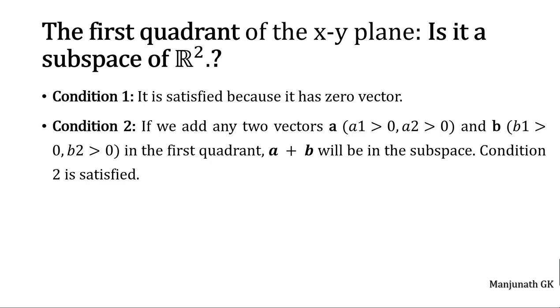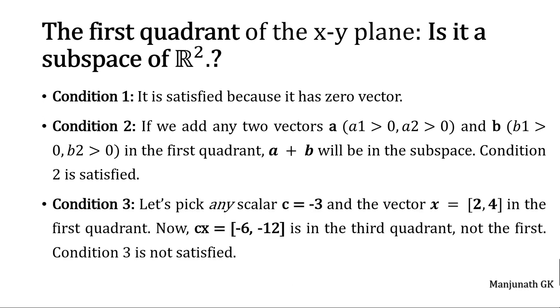But what is the next condition? Let me check. The condition is, let us check any scalar. I have considered here c equals -3 and the vector x equals 2 4. Here c is a scalar, any real number. For example, I have considered -3, and the considered vector is 2 4 in the first quadrant.